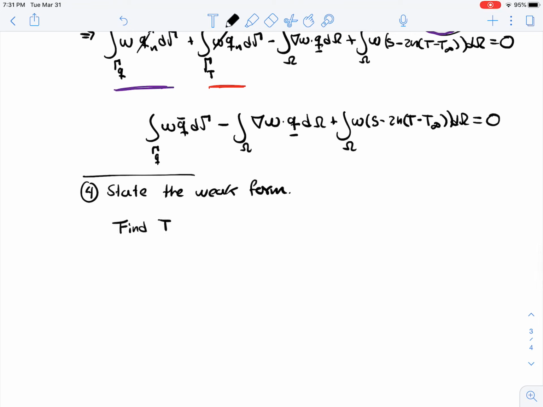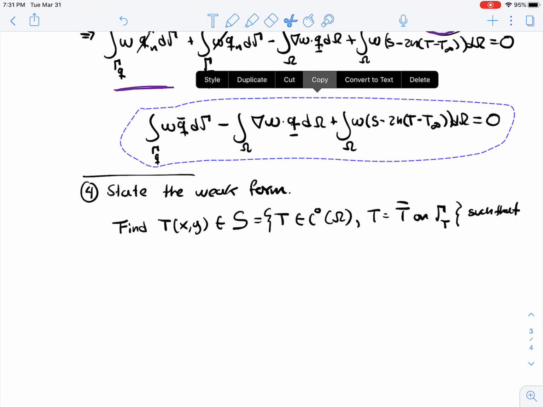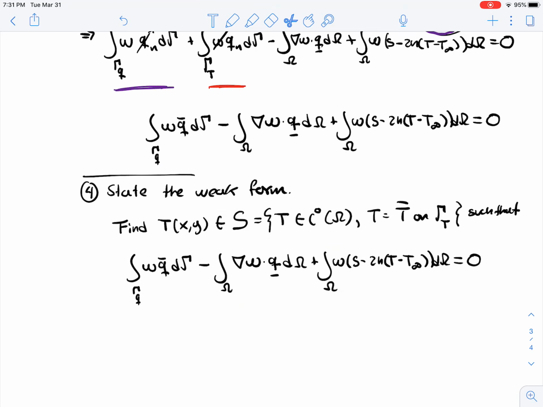Find T in the space S, which is going to be the functions T in C0 of omega with T equals T bar on Gamma T, such that this is true for all w in some other space.